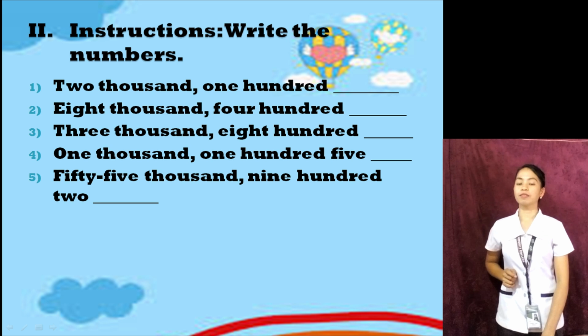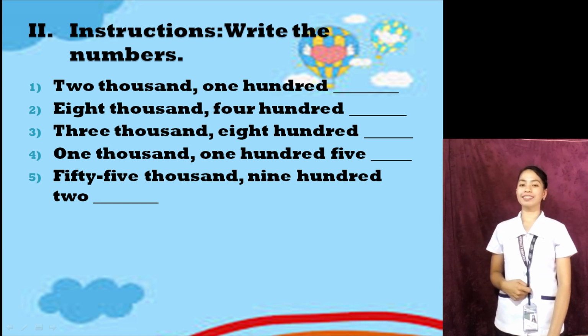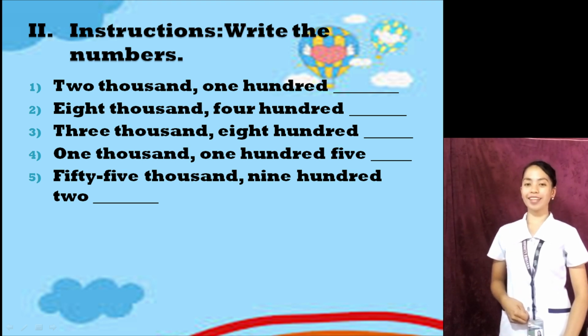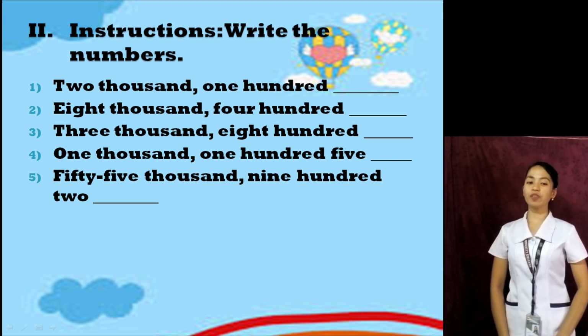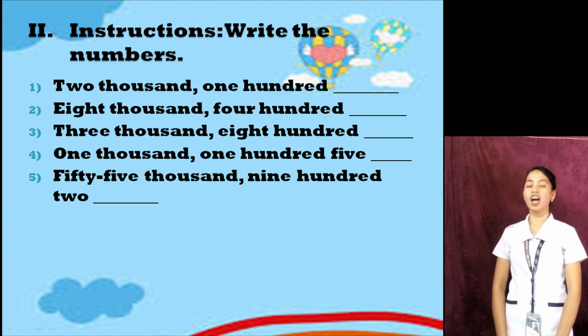Write the numbers. In number 1, 2,100. In number 2, 8,400. In number 3, 3,800. In number 4, 1,105. In number 5, 55,902. To answer this activity, you can pause this video.